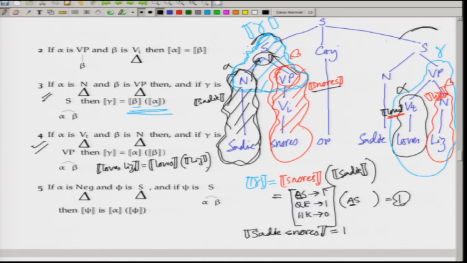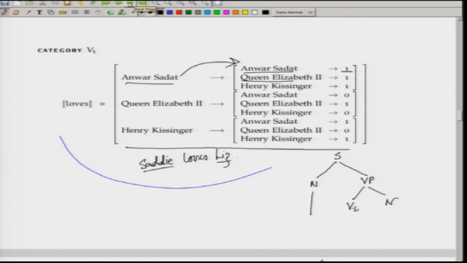So, if we remember, we know that this is the object and this is the subject, that is, this person loves this person. So, this is how it is arranged. This is the lover and this is the beloved. So, that being the case, this is just loves.